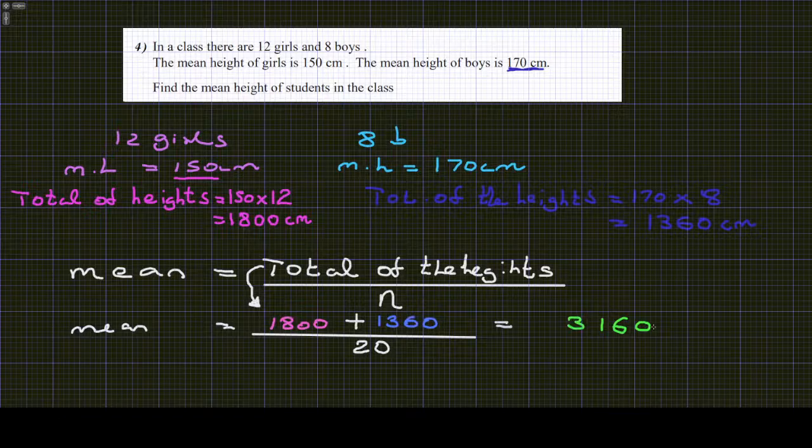That's the total of the heights of all 20 students divided by the number of students in the class, which is 20. 12 girls and 8 boys. So let's cancel. 0 to 0 cancel. 316 divided by 2 is 158.